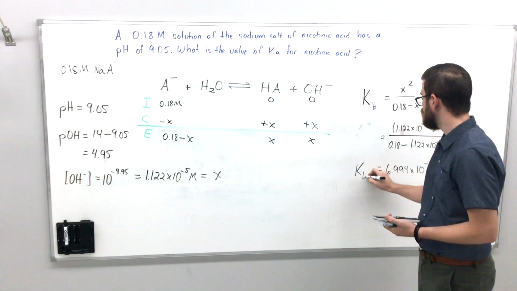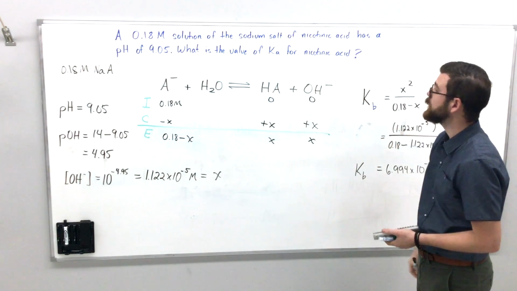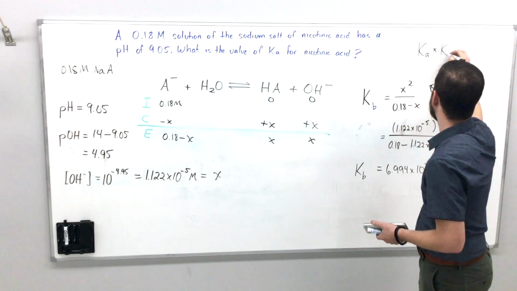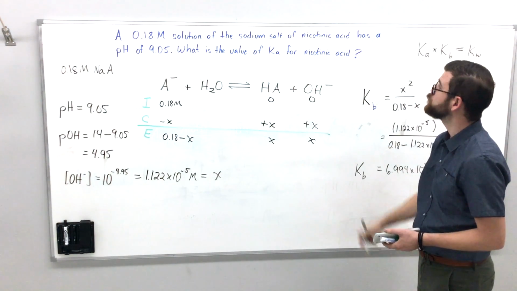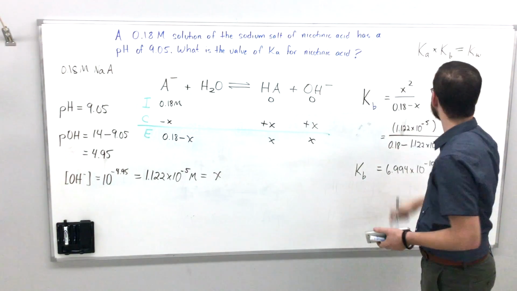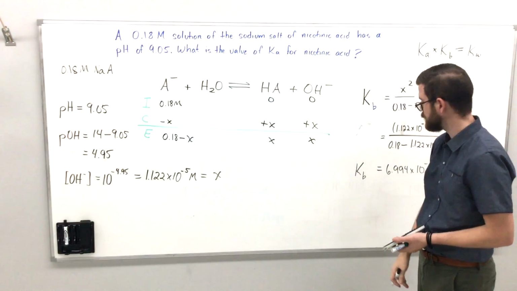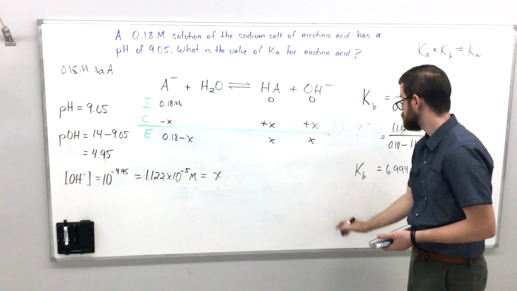And then remember, if we know our Kb, then we can use that very easily to figure out our Ka, because Ka times Kb is always Kw. Assuming that this is at 25 degrees Celsius, we know Kw, which is 1.00 times 10 to the negative 14. We know Kb, and therefore we can find Ka.